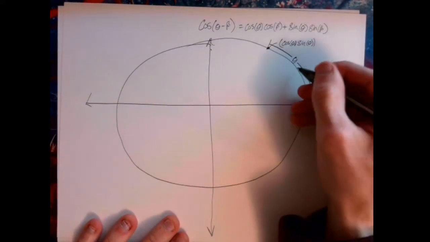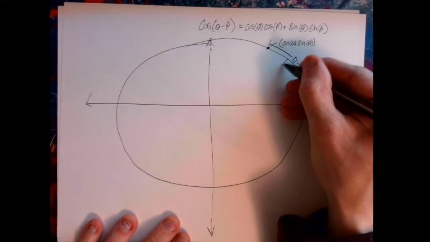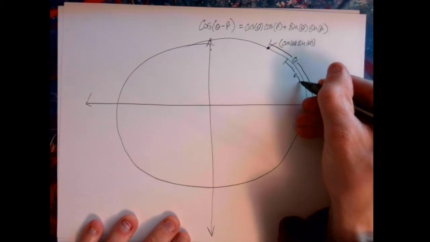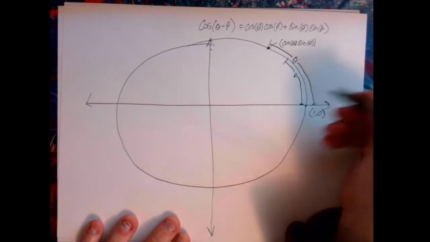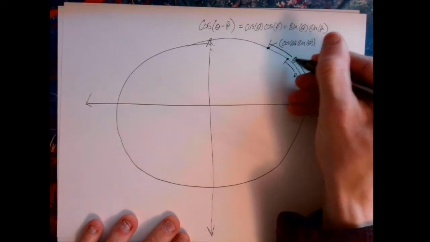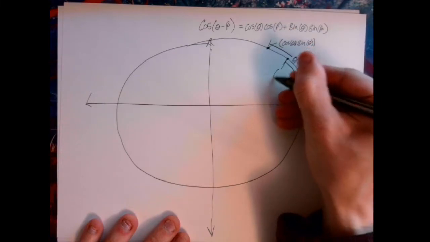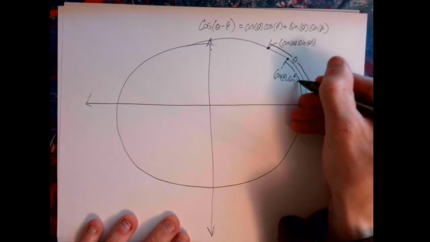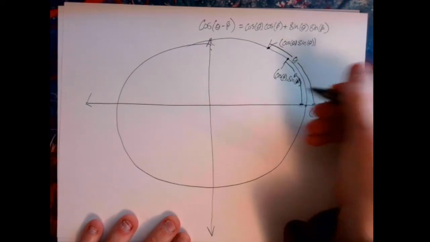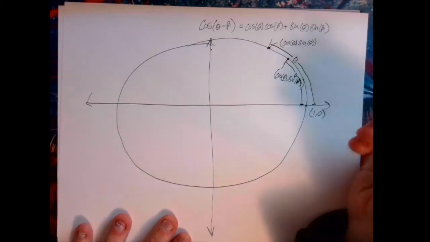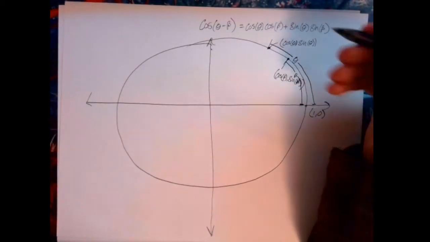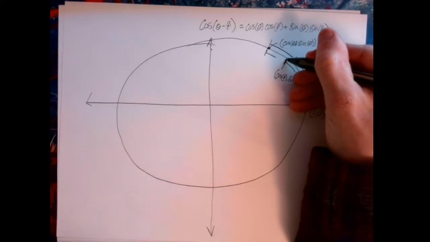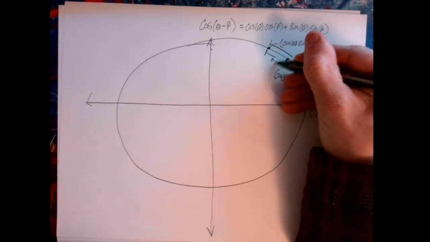And then we can also have, let's say, another angle, beta. And then this point is going to be (cosine of beta, sine of beta). Then it's the difference, remember, so if we subtract these two angles, this distance here would be theta minus beta, right?